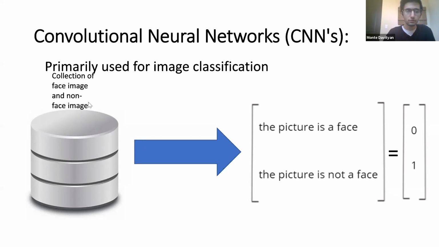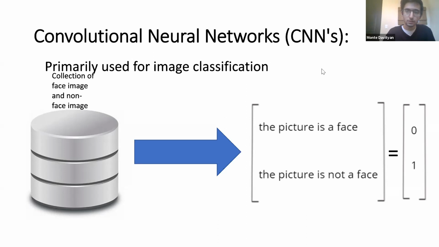So let's say we want to classify if an image is a face or not. We have our database, a bunch of images. Around 50% of those images are going to be images of faces. The other 50% are going to be images of not faces, so it could be random images.